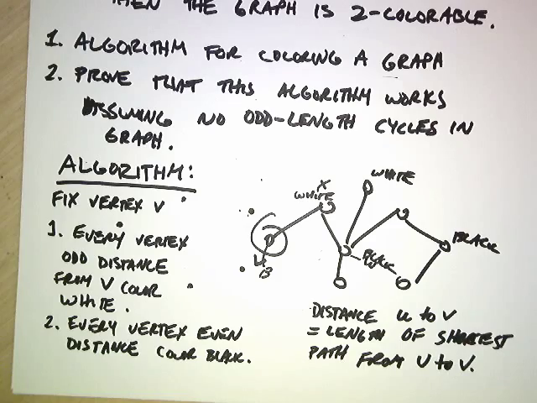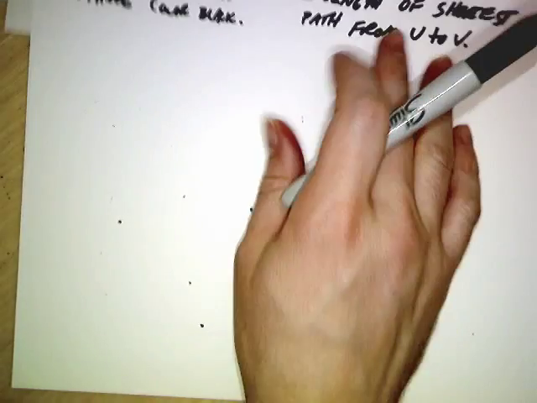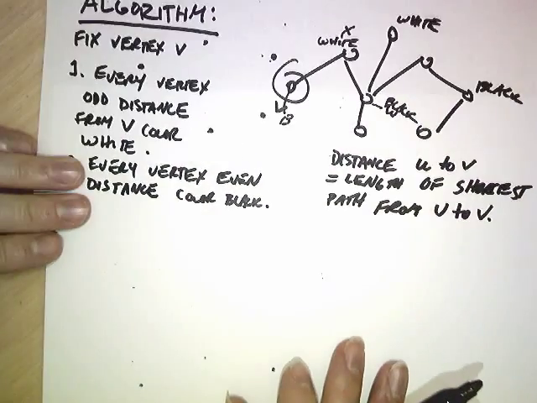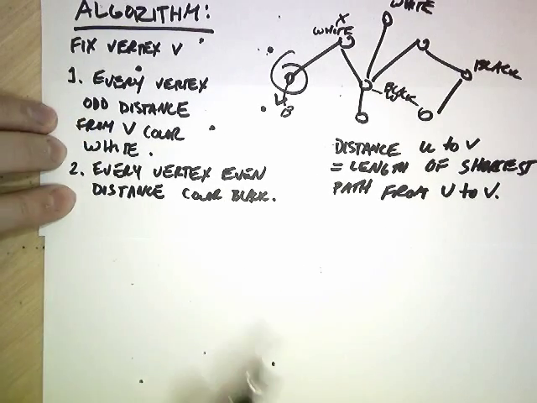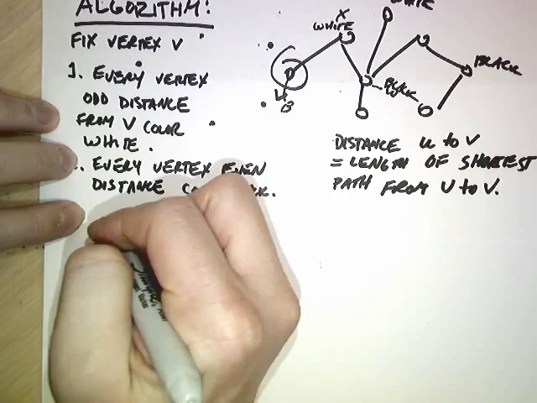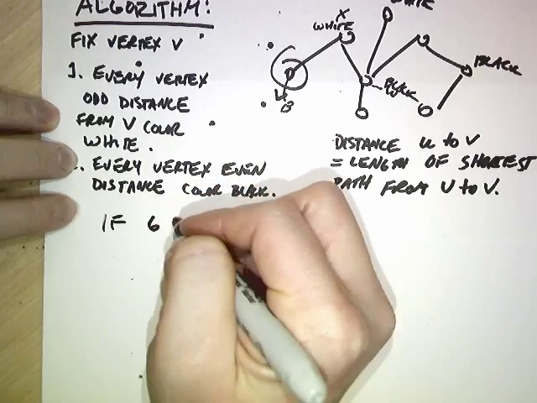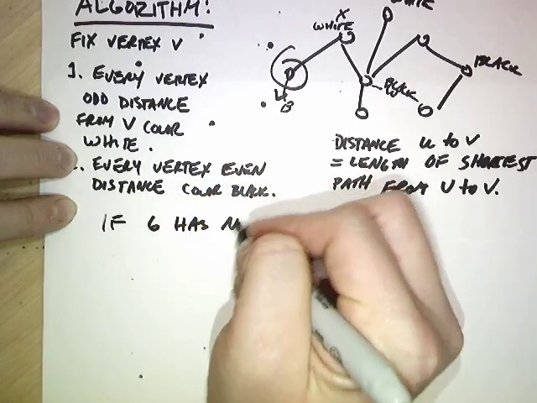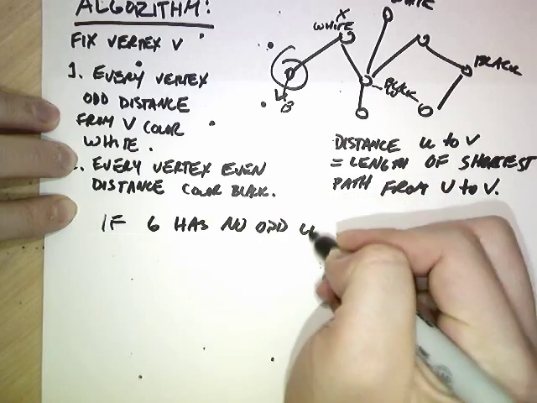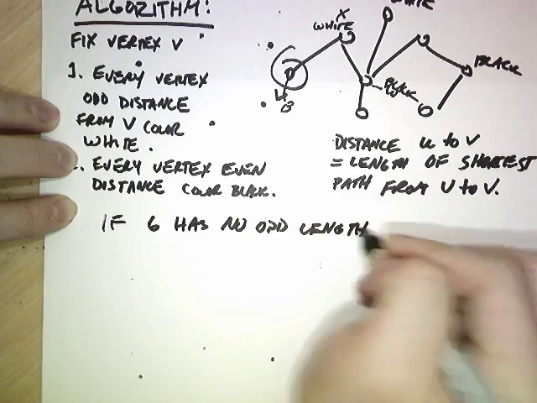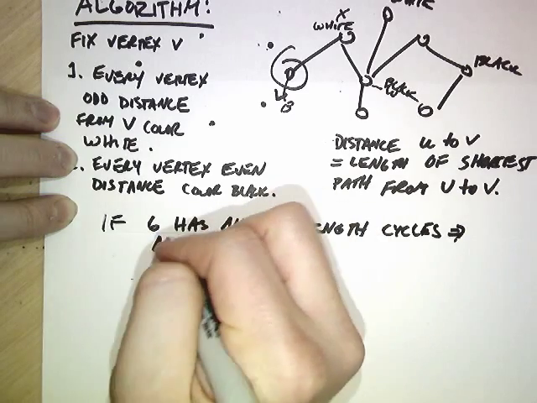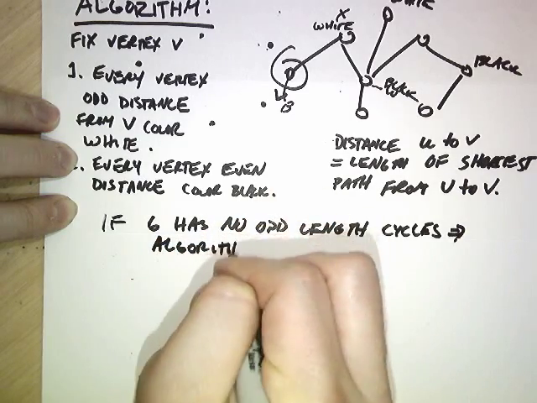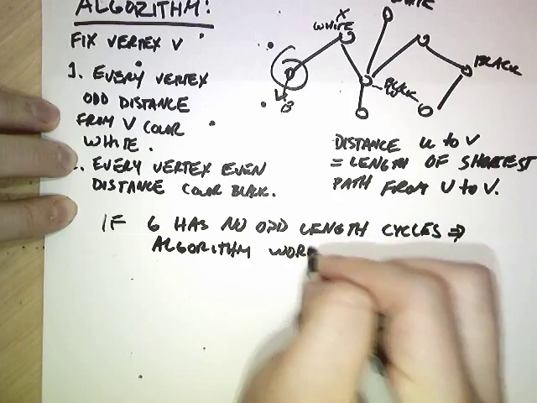Now, how do we prove that this algorithm actually works? Okay, well, so we need to prove that if G has no odd length cycles, it implies that this algorithm works.